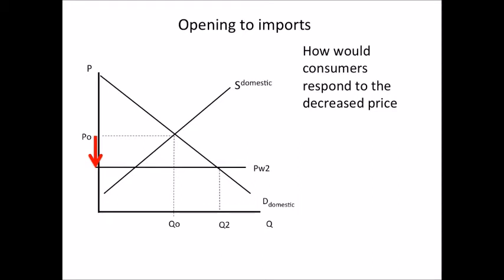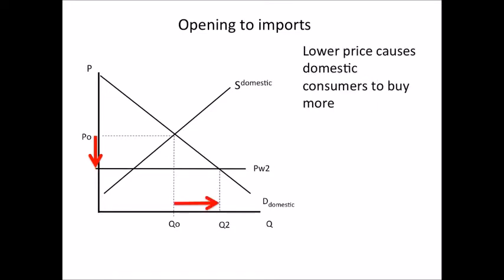Well, there are going to be some consumers who are now going to be able to afford and be willing to buy this product, so that the domestic quantity consumed increases from Q0 to Q2, i.e. where the world price just meets the demand curve.